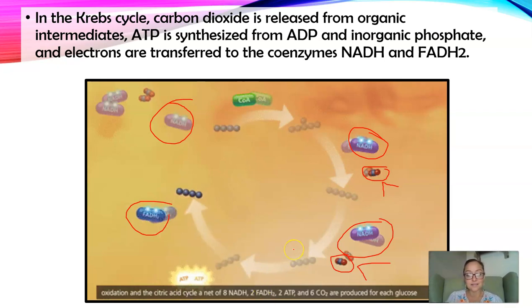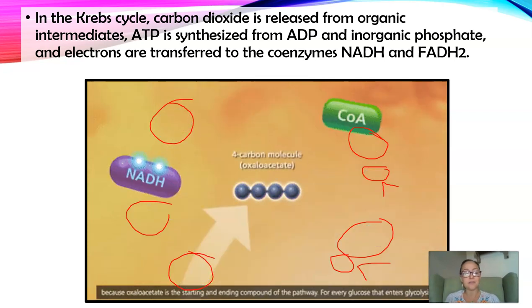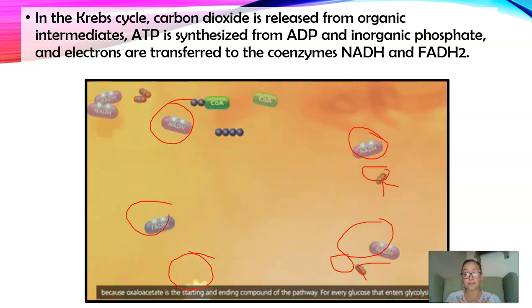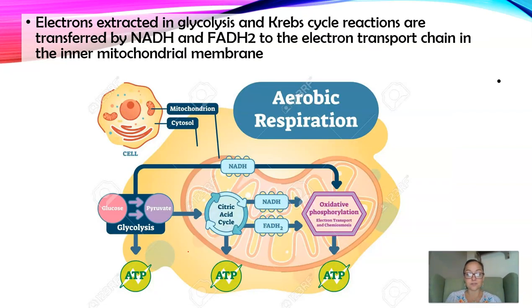Now, in the process of the Krebs cycle, you do produce 1 GTP that will be used to make ATP by substrate level phosphorylation and 4 reduced electron carriers. So you can see as we go through glycolysis, the oxidation of pyruvate, and the citric acid cycle, we are reducing electron carriers along the way, trying to get as many as possible over to the electron transport chain so we can make a ton of ATP.